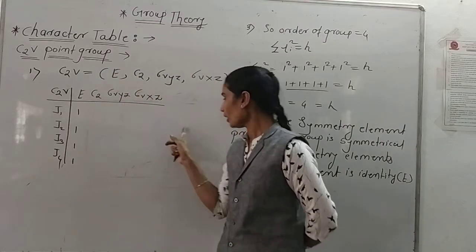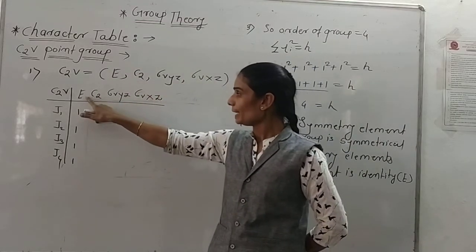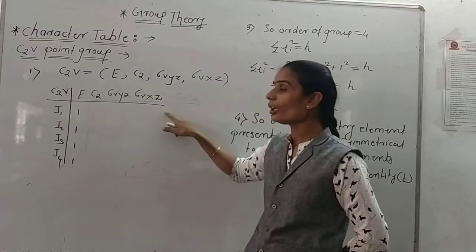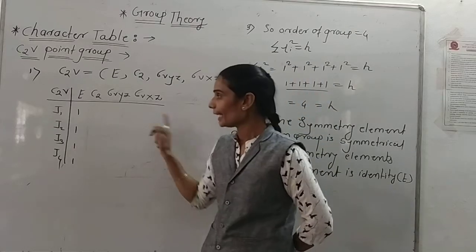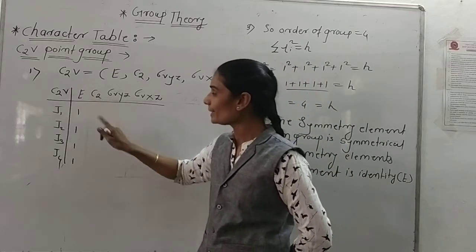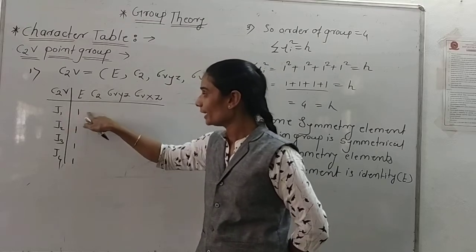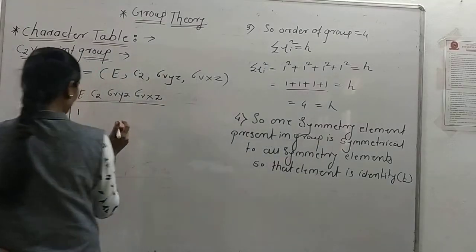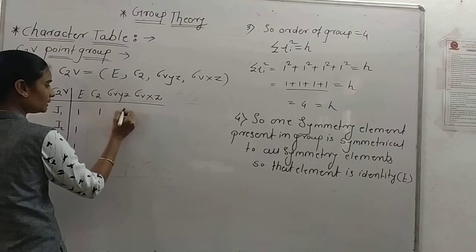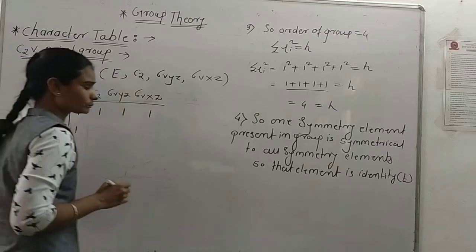We already said that one symmetry element is symmetrical to all other symmetry elements, and that is identity, meaning the value of J1 is symmetrical to all elements, so it is written as 1 1 1 1.